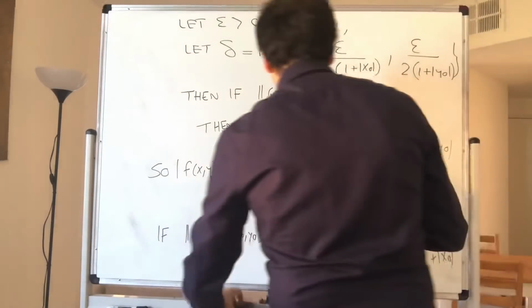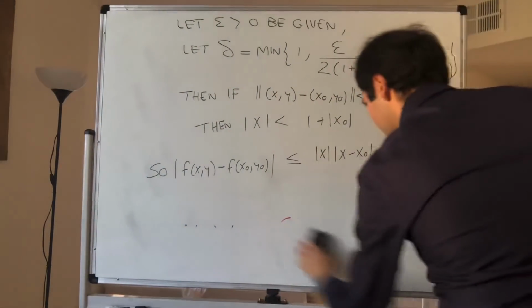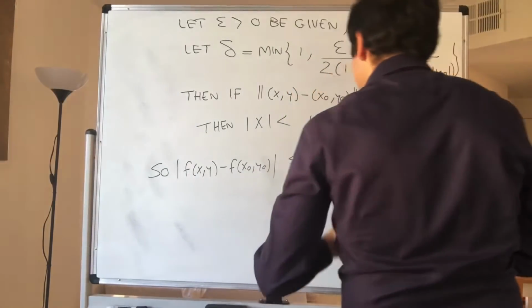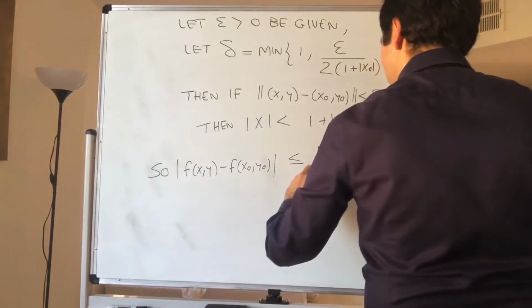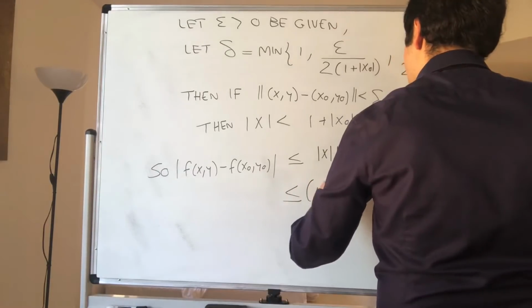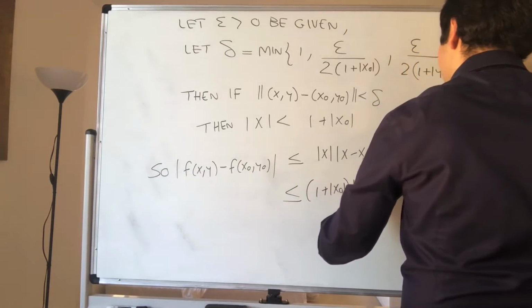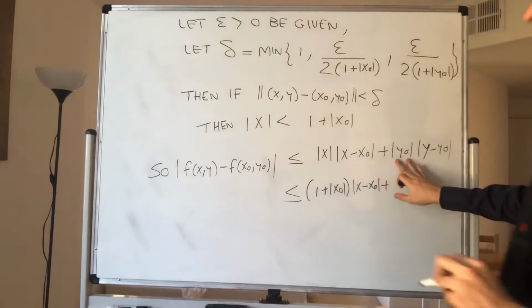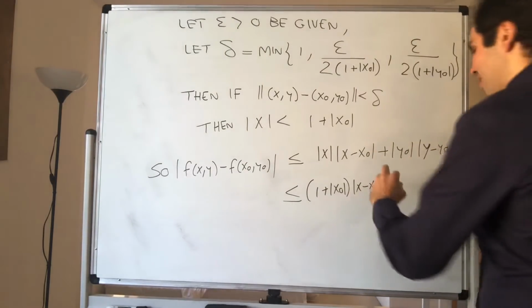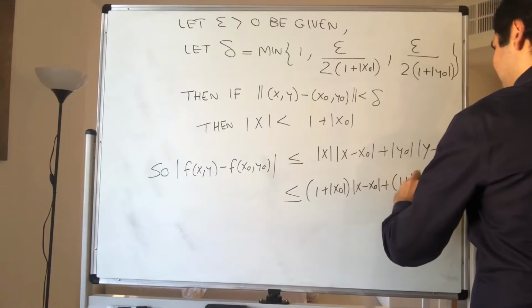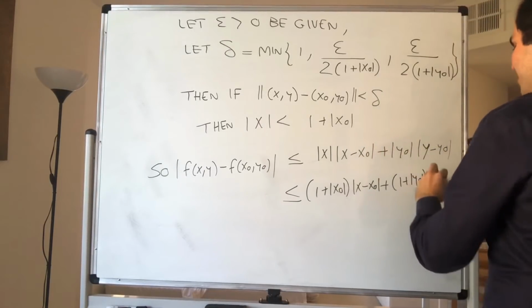Now, we know this is less than or equal to (1 + |x₀|)|y − y₀|, and well, |y₀| is less than 1 plus |y₀|, because a number is always less than 1 plus that number.